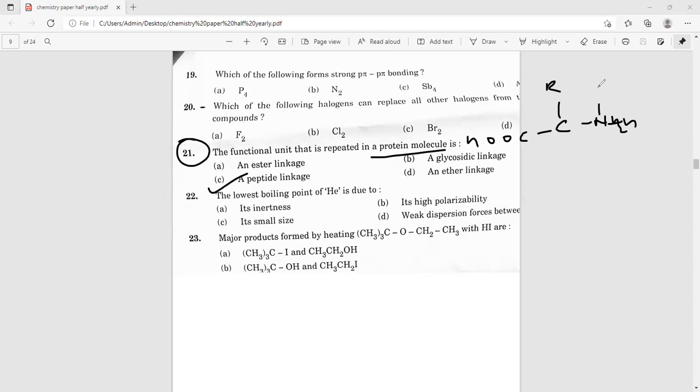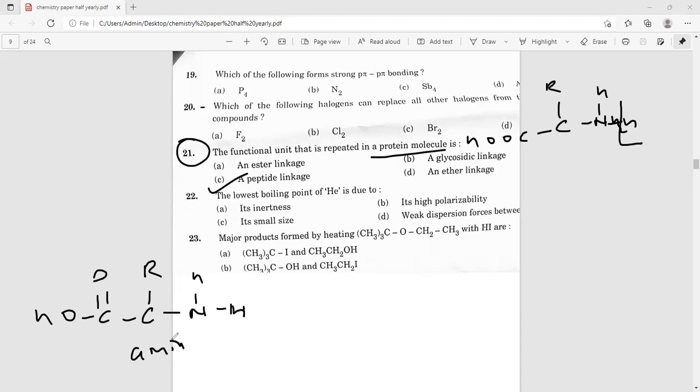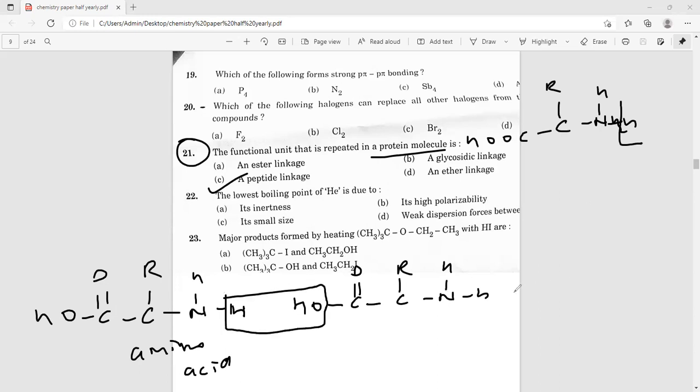Here NH2 has hydrogen, and in another case CRNH and COOH, and this one is an amino acid, and the second one is also an amino acid, with OHC double bond O, CR and NH2, right? So H2O is removed from here, then it forms an NHCO bond, and the NHCO bond is called a peptide bond. So C is the right answer.